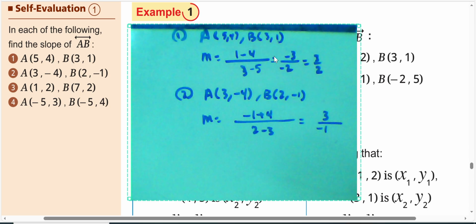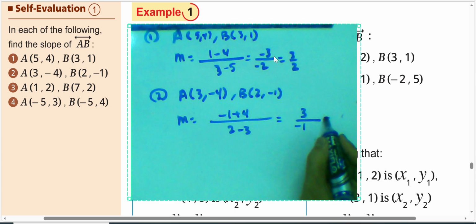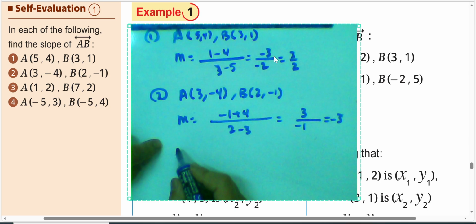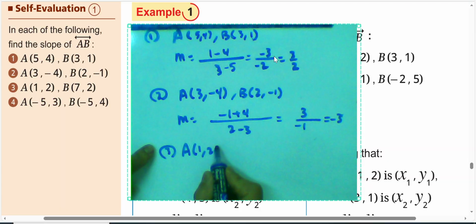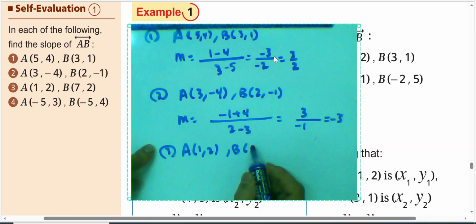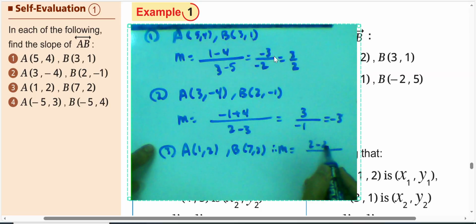Then the answer will be 3 over negative 1. It will be negative 3. The slope will be negative 3. Question number 3. We have point A (1, 2) and point B (7, 2). We can find the slope here. It's 2 minus 2 over 7 minus 1. The result will be 0. The slope here will be equal to 0.